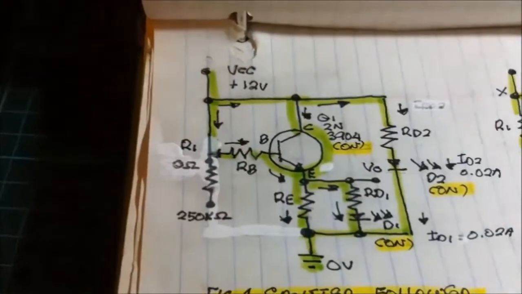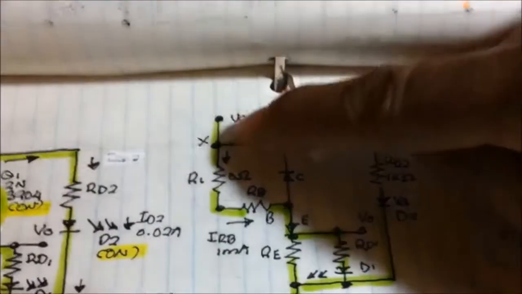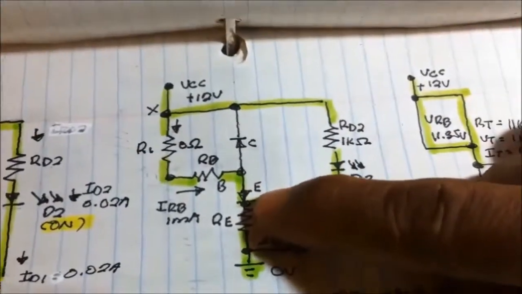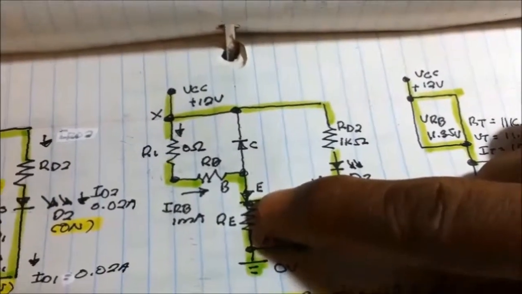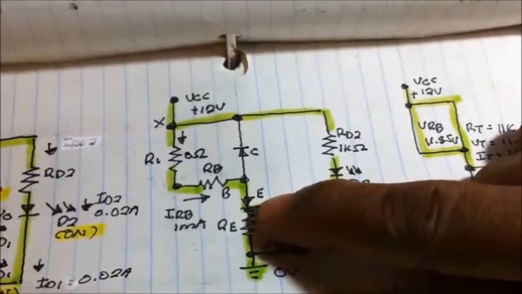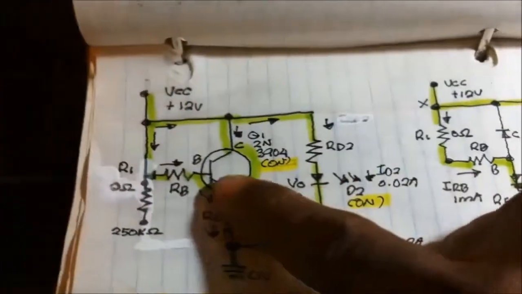That is equivalent to voltage input. Voltage here at the node X to voltage at the node E. That is voltage input. We computed that voltage input to turn on this transistor.